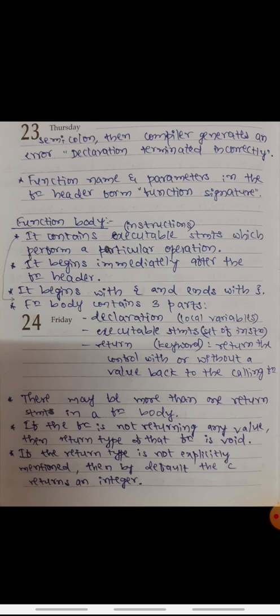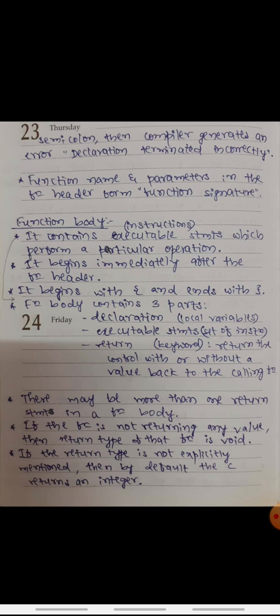Just now I told you. Then the function body contains some instructions or executable statements which perform a particular task. It begins immediately after the function header, so it begins with an open brace and ends with a close brace.